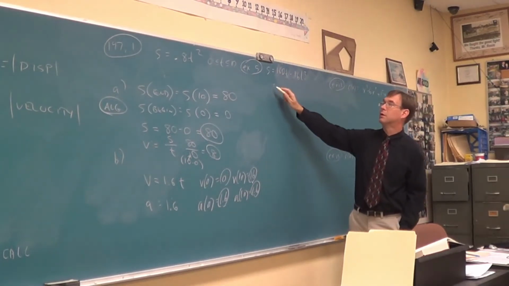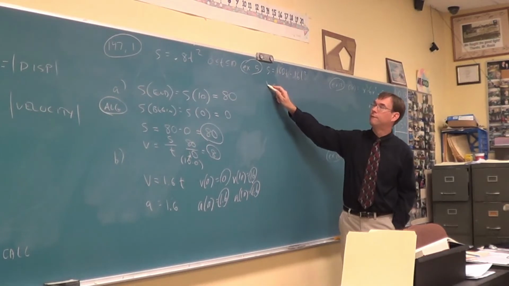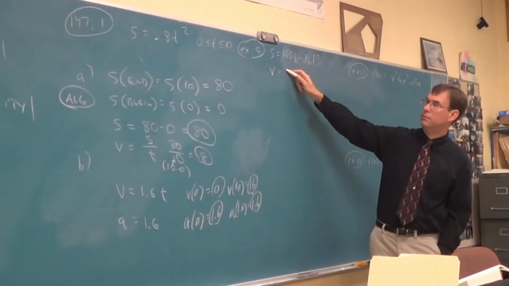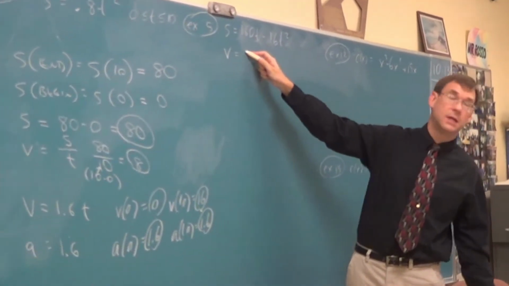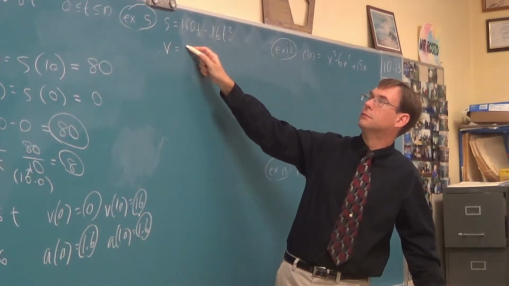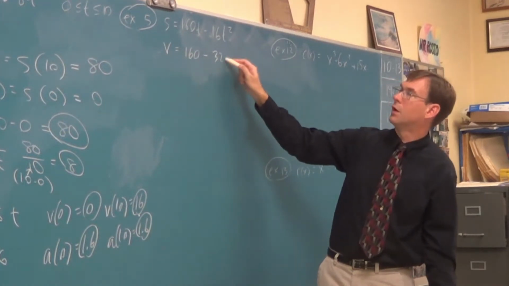Do the derivatives. If we do the derivative of displacement, we have velocity. Doing the derivative of the numbers, we get 160 minus 32t.